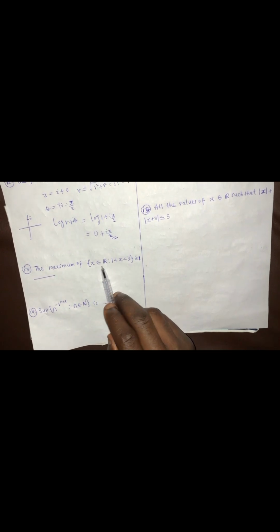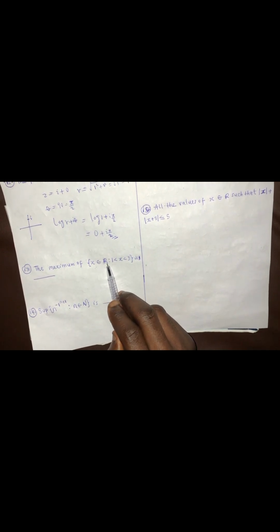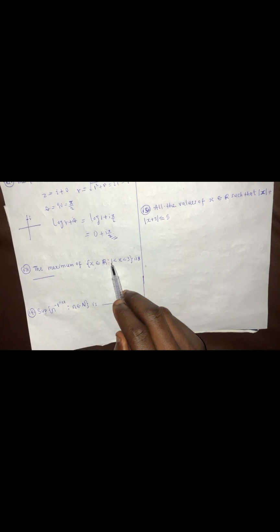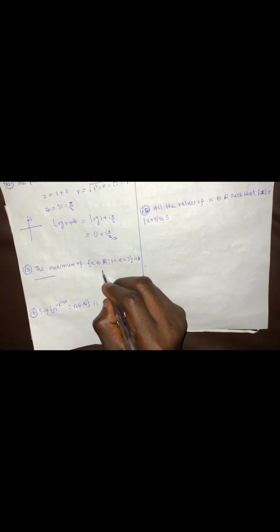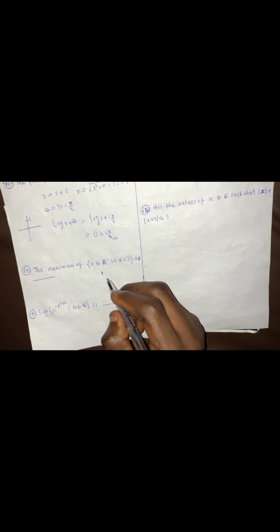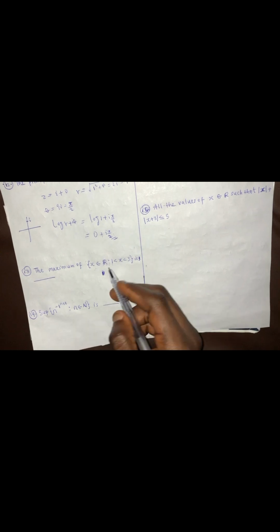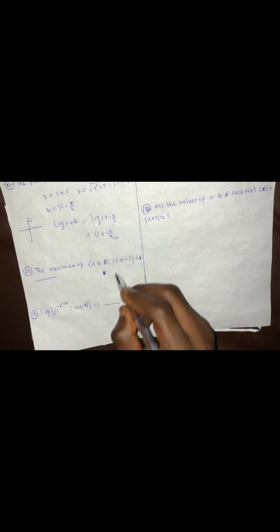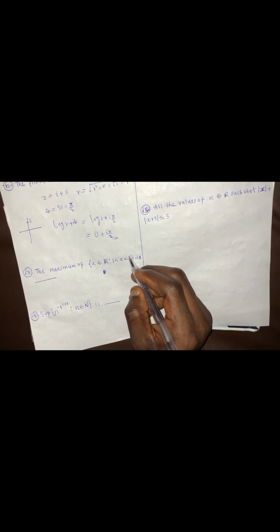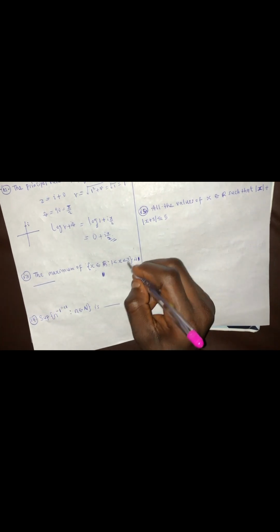Now if you see the maximum of x such that x is an element of the real numbers, and also such that x is less than 1, and it's also going to be less than 3. Since they ask us to determine the maximum, it is not going to be 3.